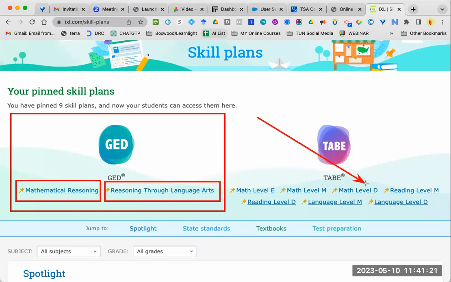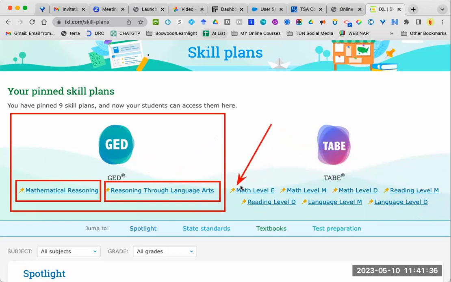I put all 3 levels of math that concern us, reading, and 2 reading and 2 language. Anything you pick here will be good also.